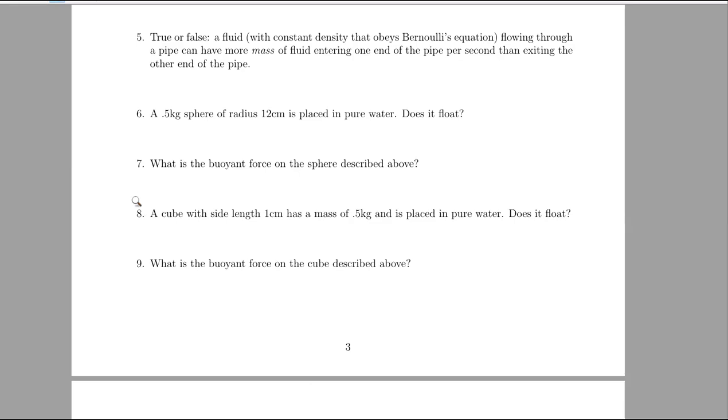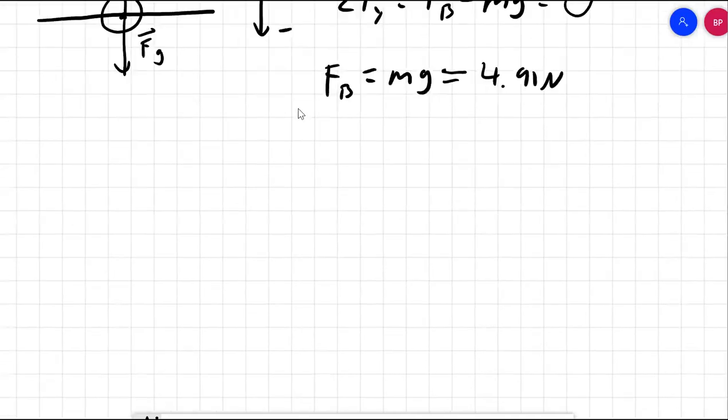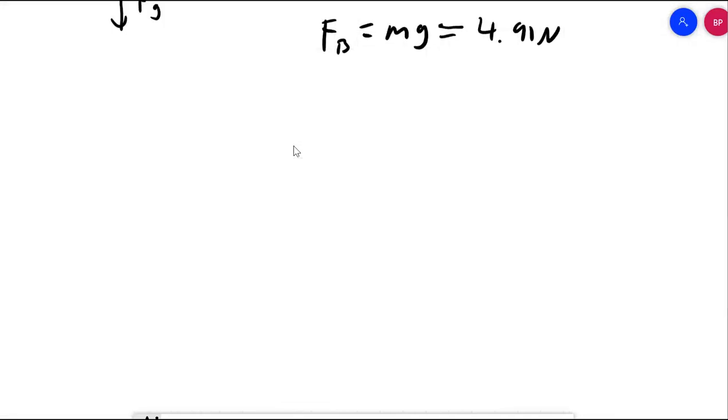Our next question says, we have a cube now with side length 1 centimeter that has a mass of 0.5 kilograms and is placed in pure water. Does it float? We have to do the exact same thing. We need to find its density. So density is given by mass over volume.